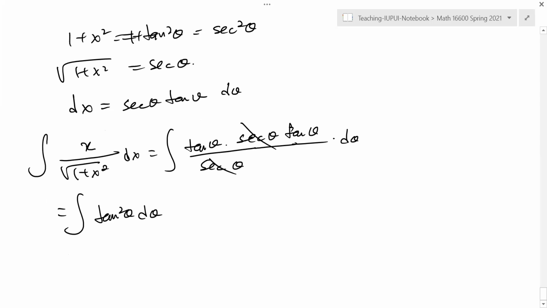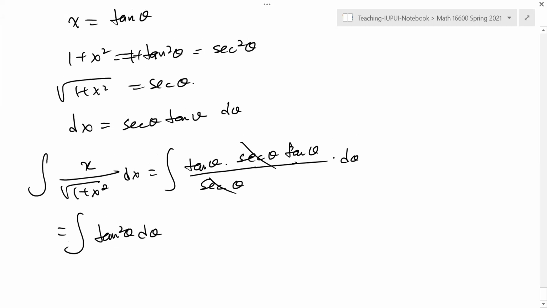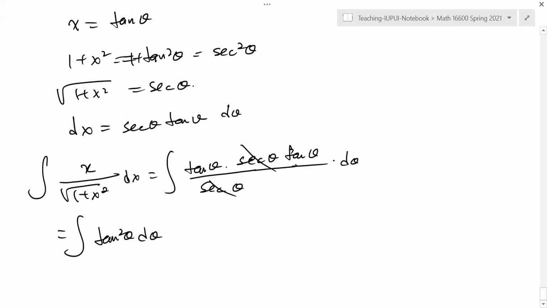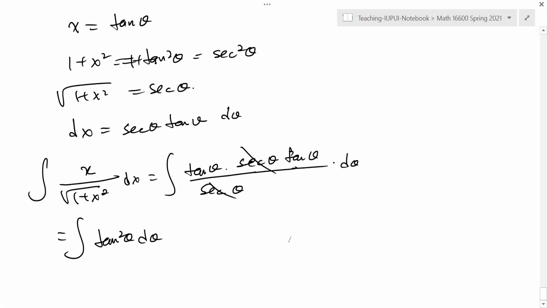Question. Okay, I have a question. The dx equal to secant theta and tangent theta d theta. Maybe dx is equal to secant theta d theta. There's no tangent theta there. Oh, let me double check. Oh, that is a derivative of, sorry, it's a derivative of secant. Yeah, the derivative of tangent theta is a secant square theta. Okay, right?